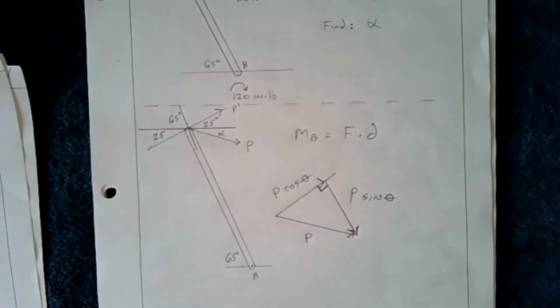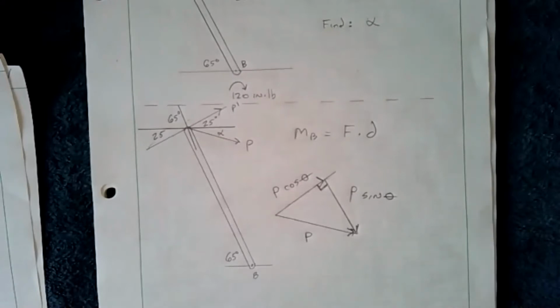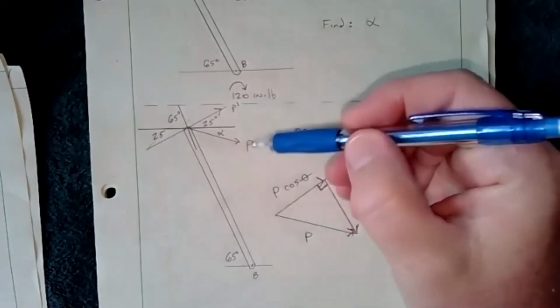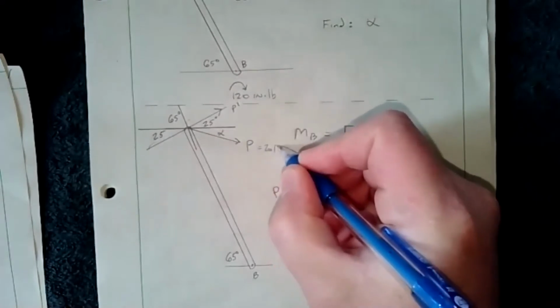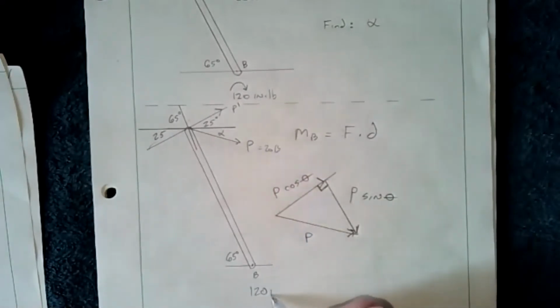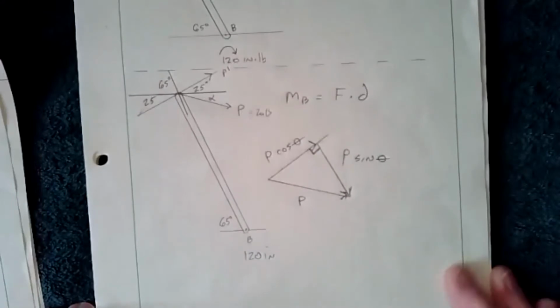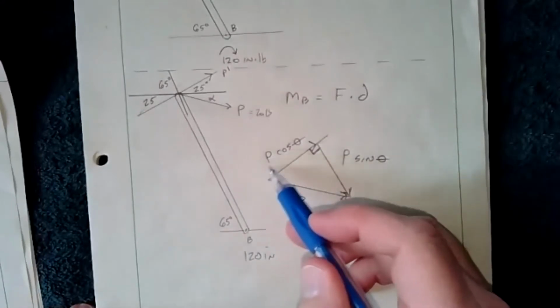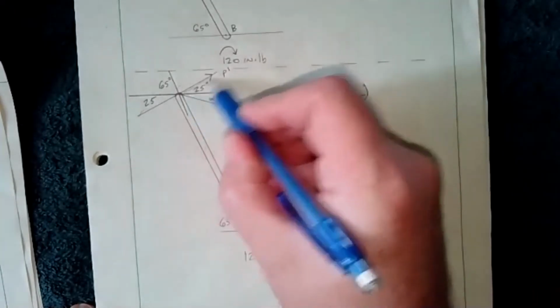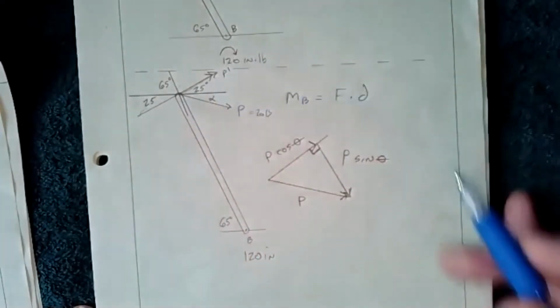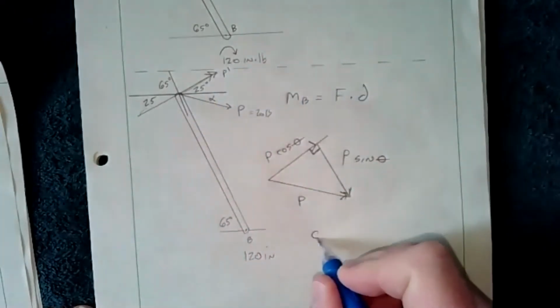So really what I have in this problem is P prime and P, and I know P is 20 pounds and the moment is 120 inch-pounds. So if I look at just this strict vector here, then I can do it this way.